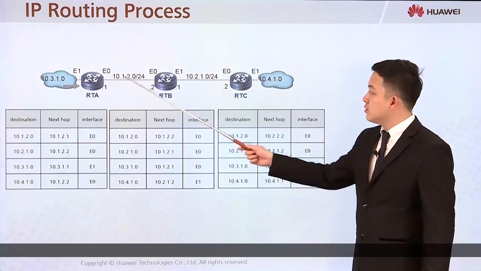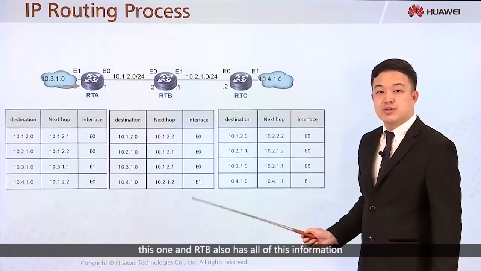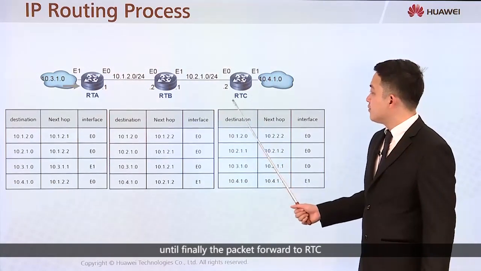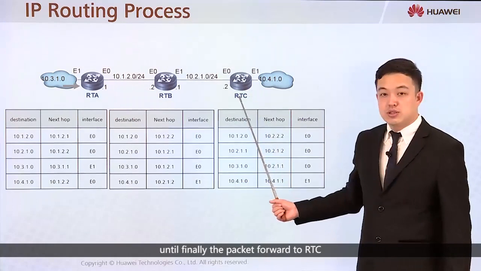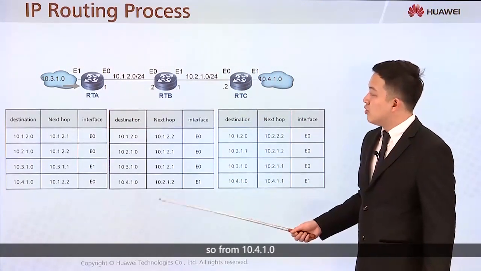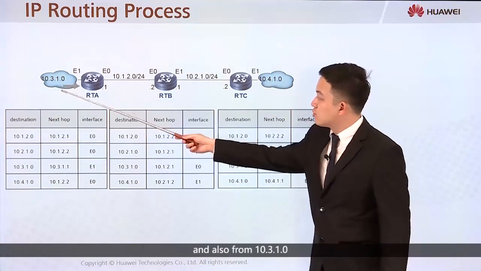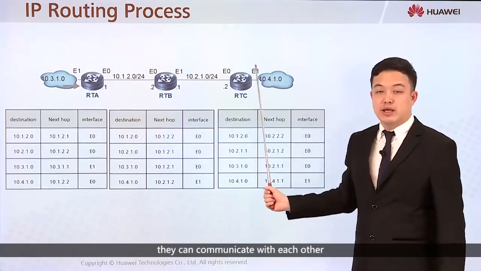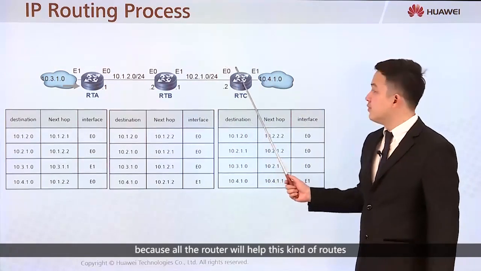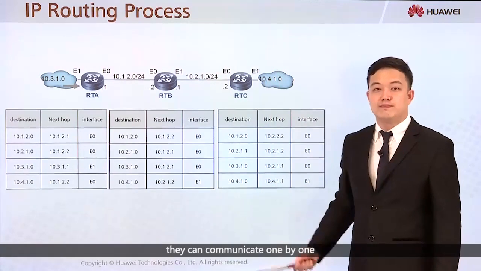RTB also has this information, until finally the packet is forwarded to RTC. RTC is directly connected to the destination. So 10.4.1.0 and 10.3.1.0 can communicate with each other, because all the routers have these kinds of routes, they can communicate one hop at a time.